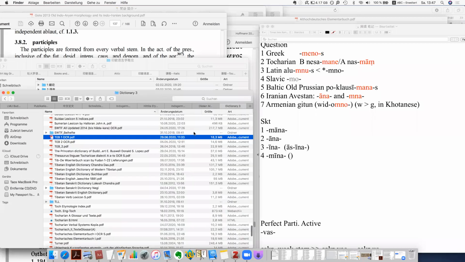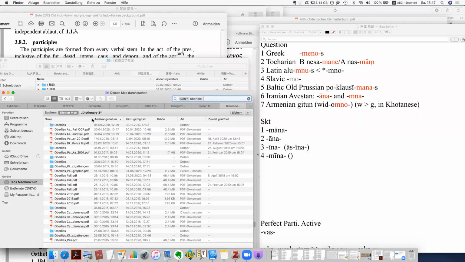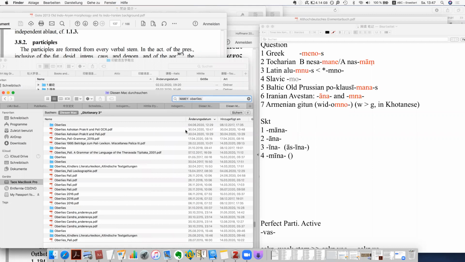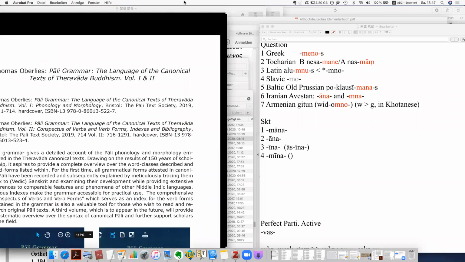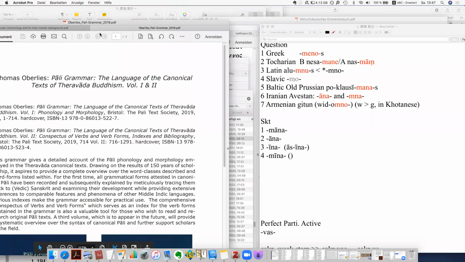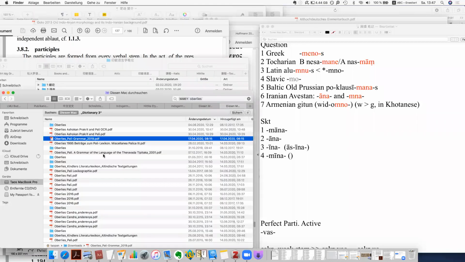So for the Middle Indo-Aryan, probably first we can check the Pali, right? So for Pali, which textbook can we use? Of course, there are several, right? And we first can check Oberlies, right? Yeah, Oberlies is probably, but I don't have the PDF of this book. So actually in 2019, I already have shown you, there's a new edition, but I only have the older one. So let's probably check the older one.